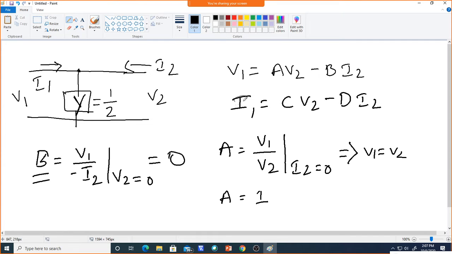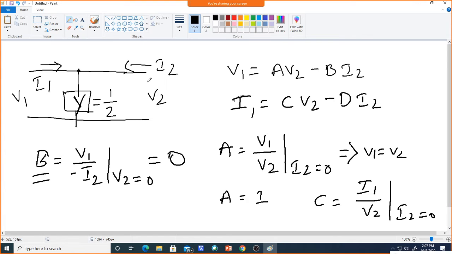Now coming to the C parameter. C equals I1 by V2 when I2 equal to 0.